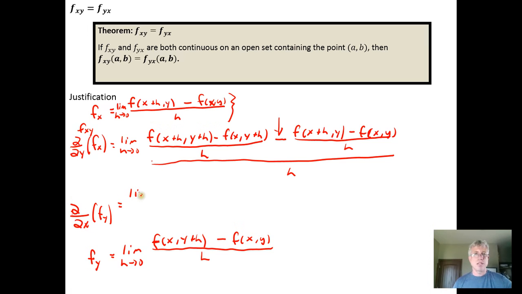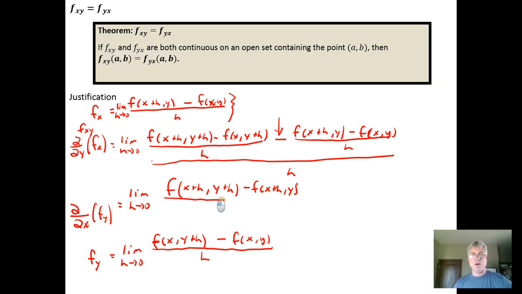So everywhere I see an x, I'm going to replace that x with x plus h, holding whatever's in the y position constant, minus f of x y, where everywhere I see an x I replace it with x plus h and hold the y term constant.